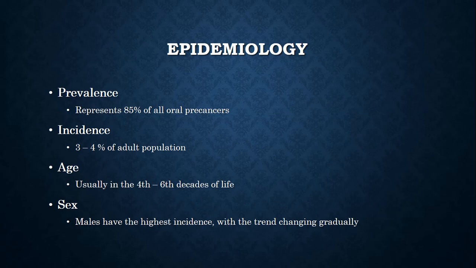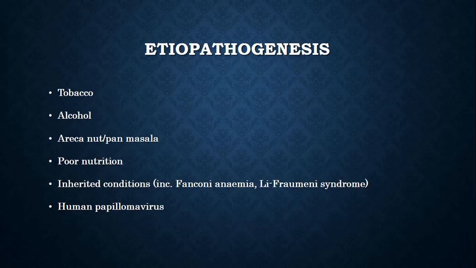It represents 85% of all oral precancerous lesions. The incidence is around 3 to 4% in the adult population and it usually occurs between the 4th and 6th decades of life. It has a male preponderance, with the trend changing gradually.